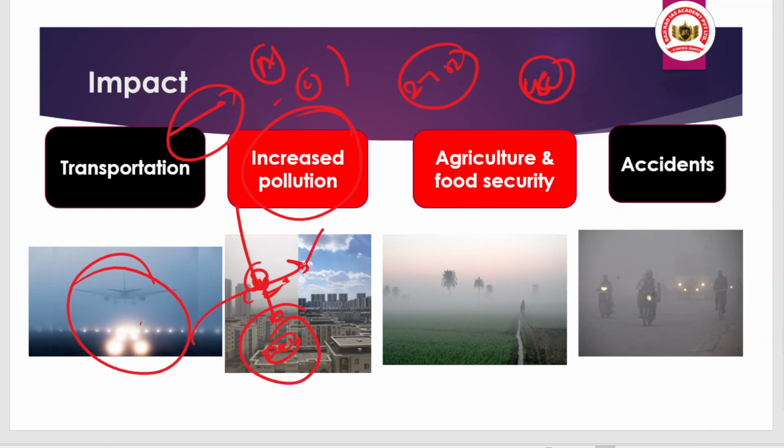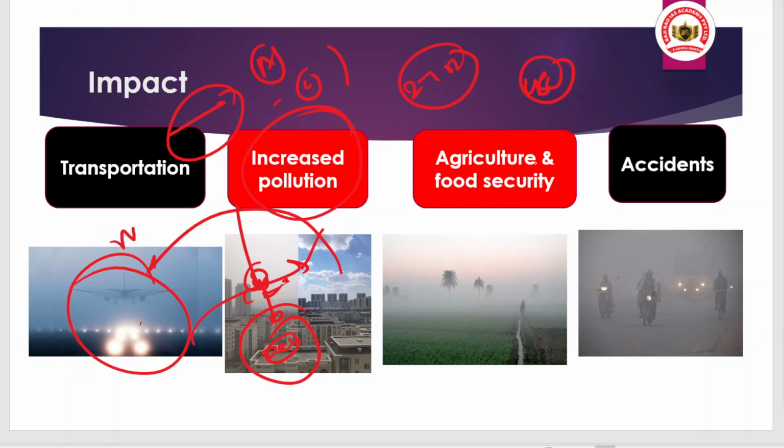Apart from that, there are additions of particulate matter from neighboring states, byproducts of agriculture and burning. So it also leads to smog.